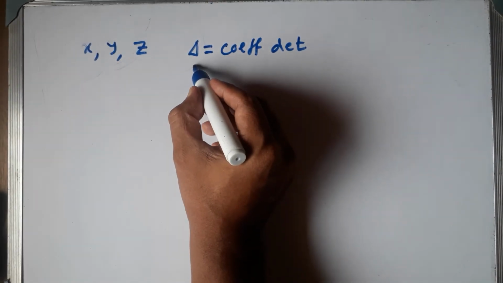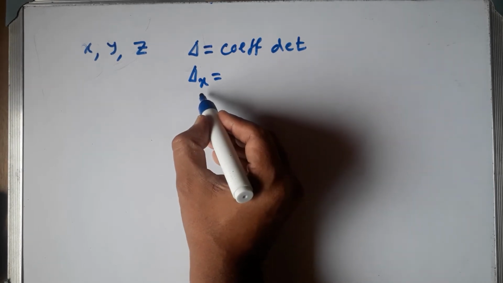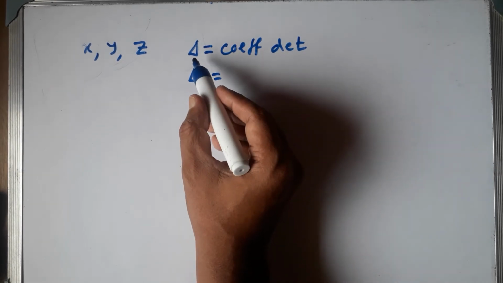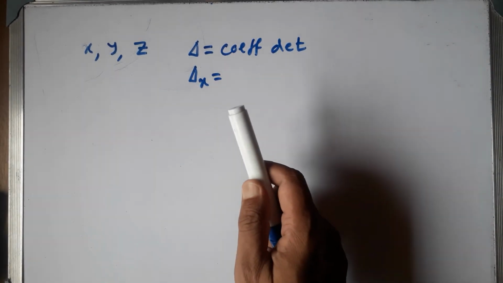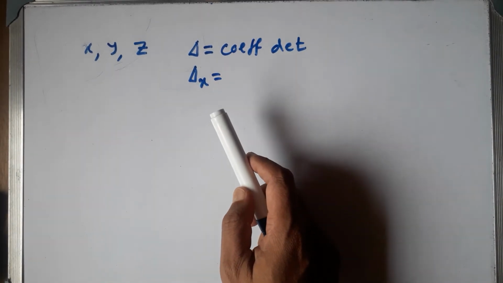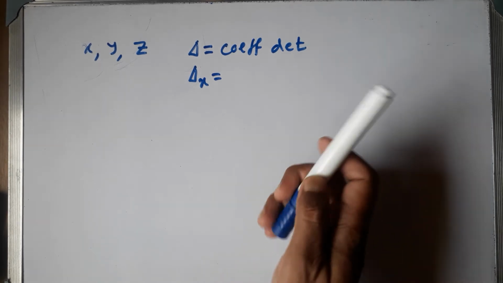Then delta x, where the first column of delta is replaced by the constants on the right hand side.